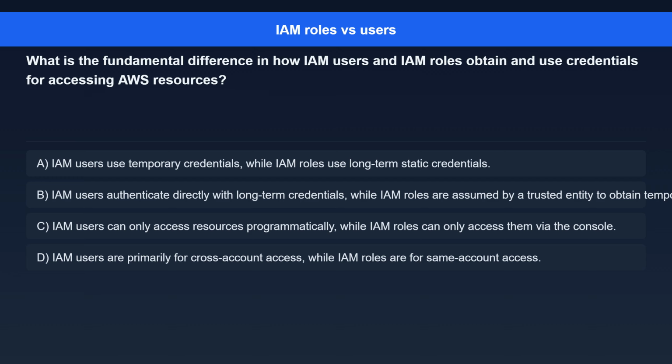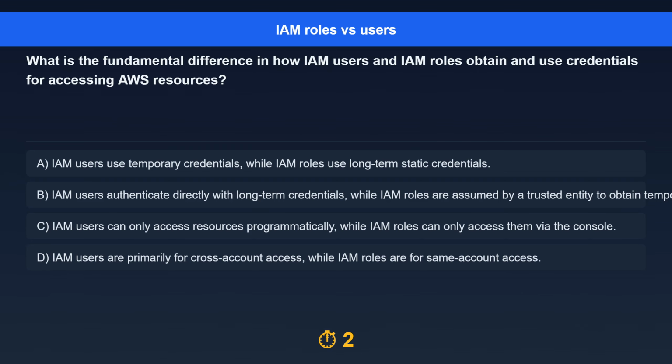Option B. IAM users authenticate directly with long-term credentials, while IAM roles are assumed by a trusted entity to obtain temporary credentials. Option C. IAM users can only access resources programmatically, while IAM roles can only access them via the console. Option D. IAM users are primarily for cross-account access, while IAM roles are for same-account access.